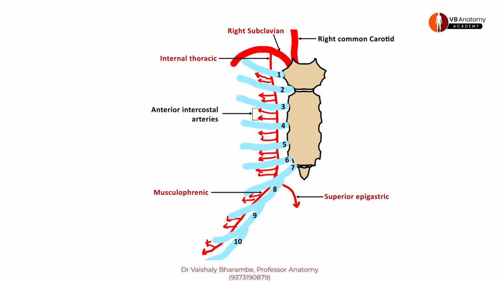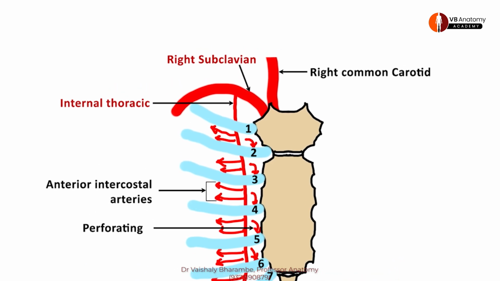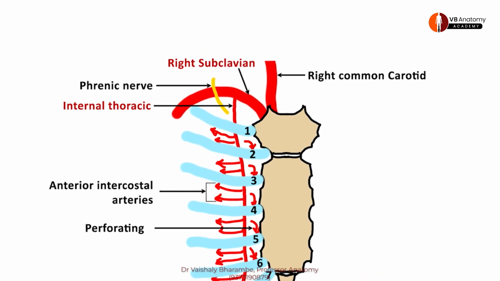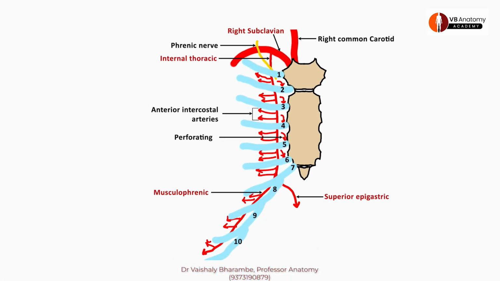The internal thoracic is also giving rise to perforating branches. You can see 1, 2, 3, 4, okay, 5. So many perforating branches. Remember that in its journey, the upper part of the internal thoracic is crossed by your phrenic nerve. Okay, so draw that as well, and there you have a very simple diagram of your internal thoracic artery.